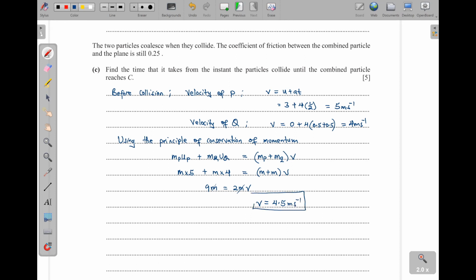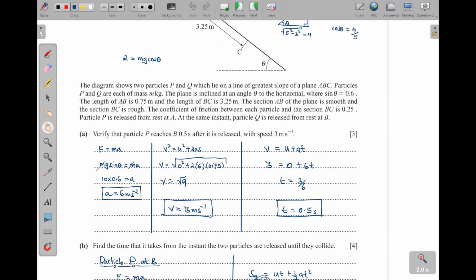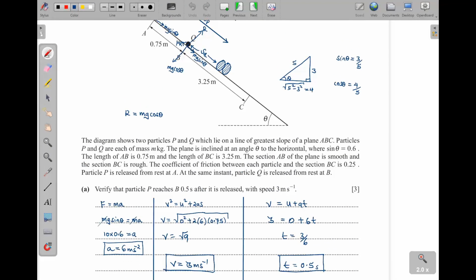So this is the speed with which the combined particle moves after collision. You get it? Now, we need to know the distance that is left for this particle to move. What is this distance left?